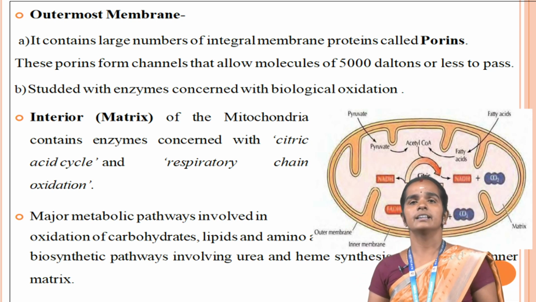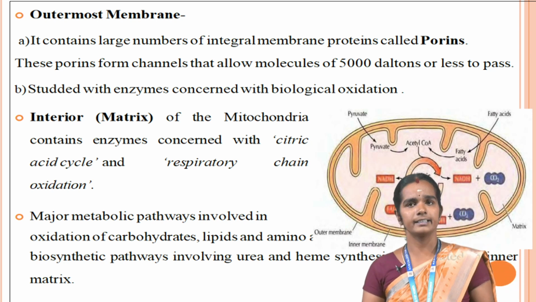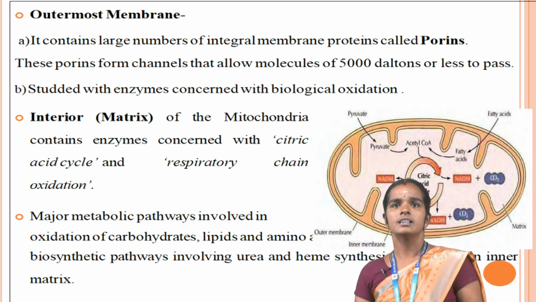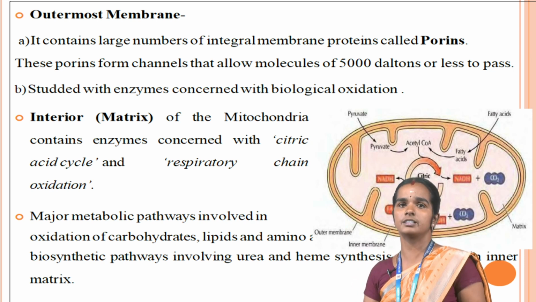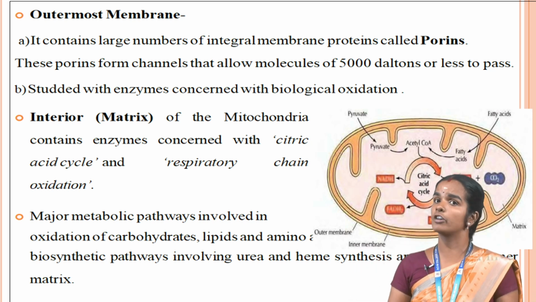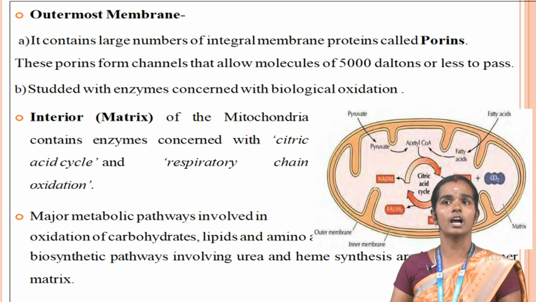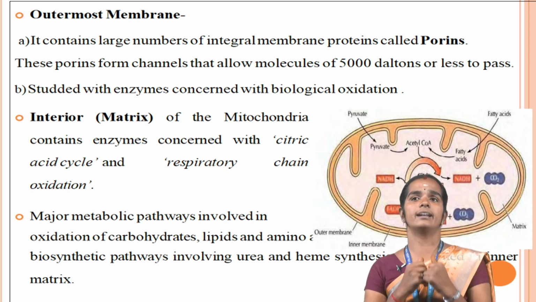Then the matrix, otherwise called the matrix of mitochondria, contains enzymes concerned with the citric acid cycle and respiratory chain oxidation. Major metabolic pathways involved in oxidation of carbohydrates, lipids and amino acids, and part of special biosynthetic pathways involving urea and heme synthesis are located in the matrix.